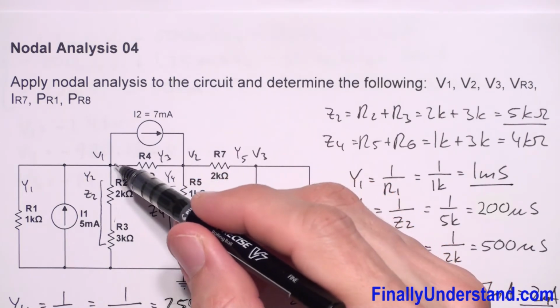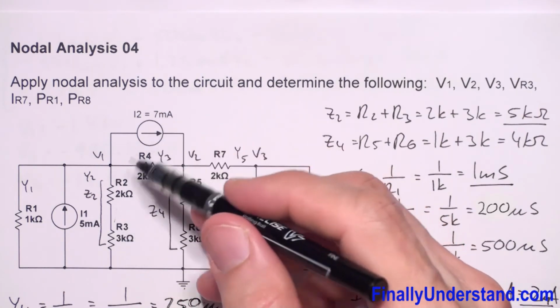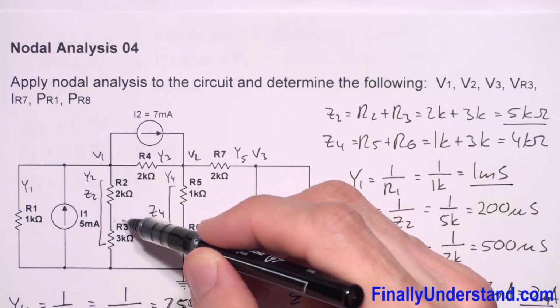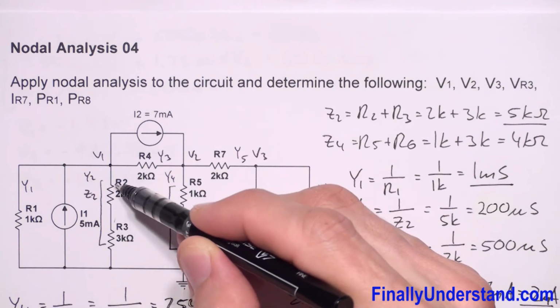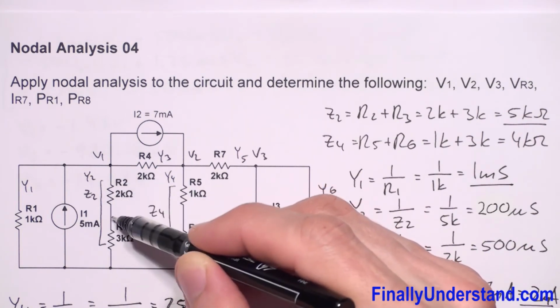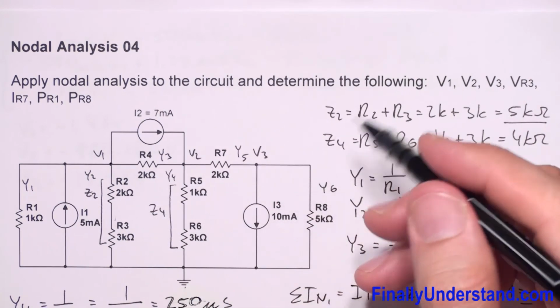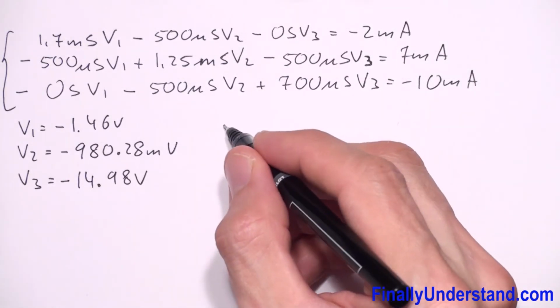Okay, V1 is the voltage between this point and ground. So if you want to find the voltage across this resistor, we can use Ohm's law, or we can simply use the voltage division law. If I multiply this voltage by this resistance and divide by the total resistance of these two, I'm going to find the voltage across this resistor. So I'm going to use the voltage division law.